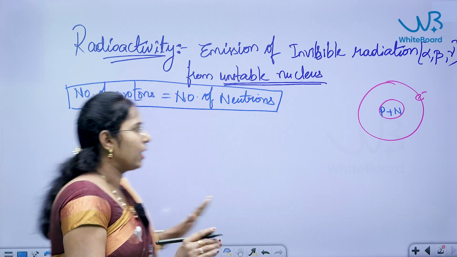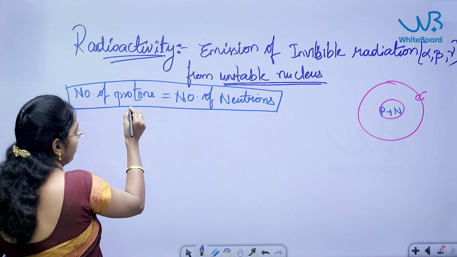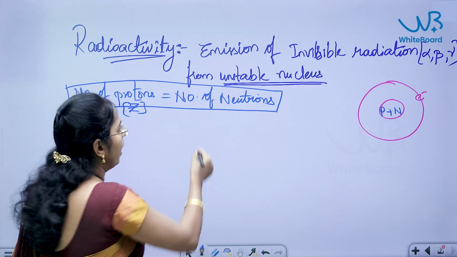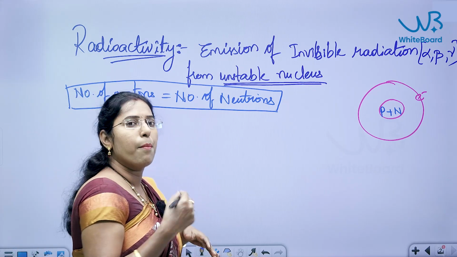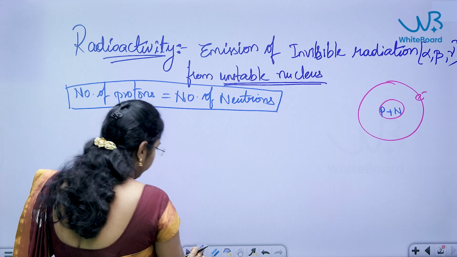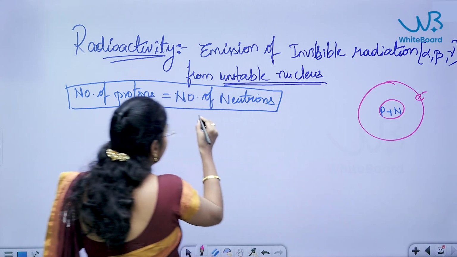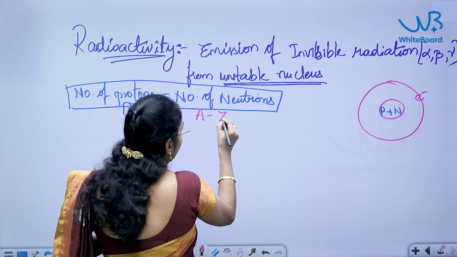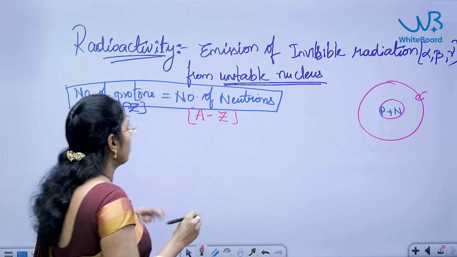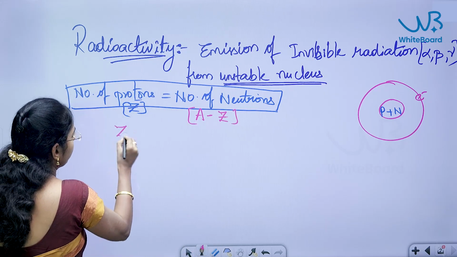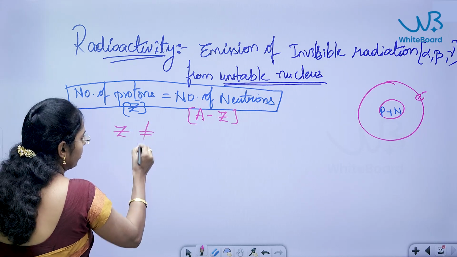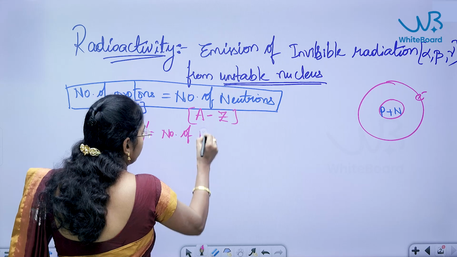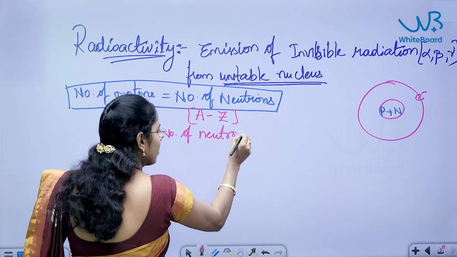The number of protons is represented by Z, which is the atomic number, and the number of neutrons is the mass number A minus Z. If the number of protons is not equal to the number of neutrons, then the atom is said to be unstable.